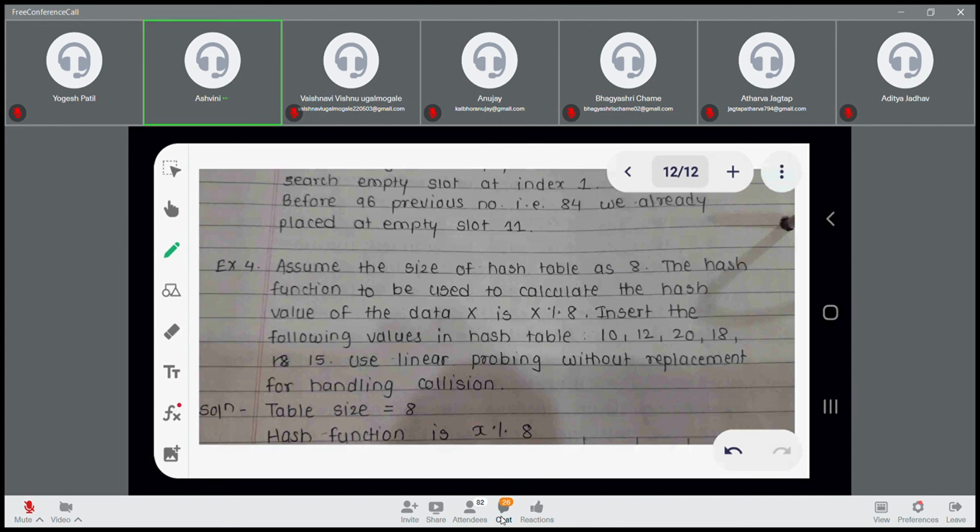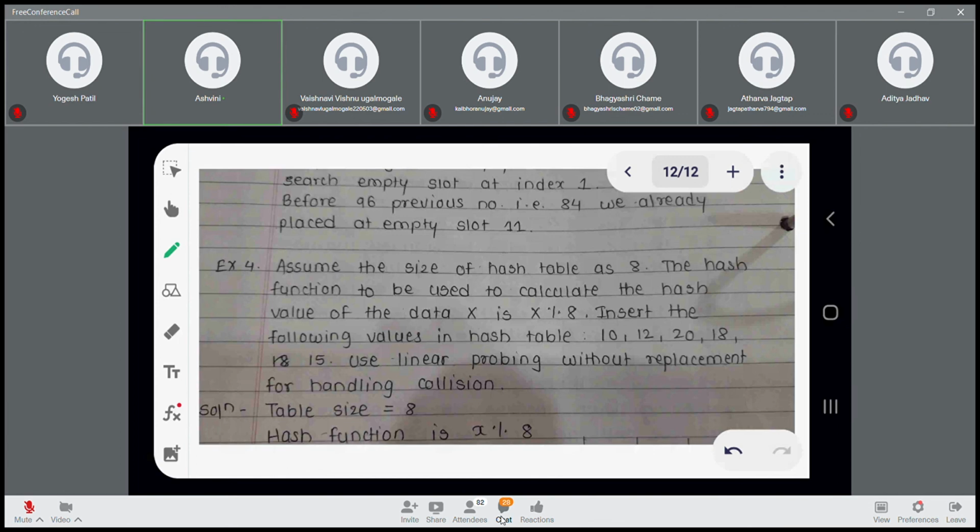So place 18 at index 3. And the last number is 15. 15 mod 8 is 7. Correct. So place 15 at 7.